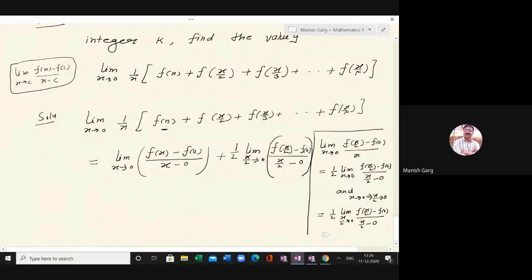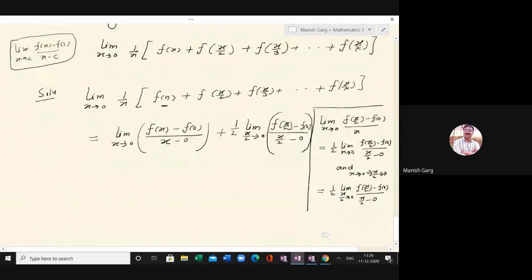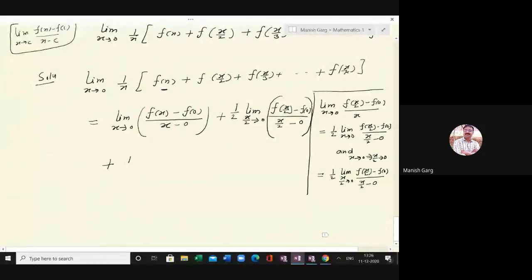This limit is actually f dash 0, where x is replaced by x by 2. Now, what will be the third? I am writing 1 by 3, because 1 by 3 you need to take common, limit x by 3 tends to 0 of f x by 3 minus f0 over x by 3 minus 0, and so on.